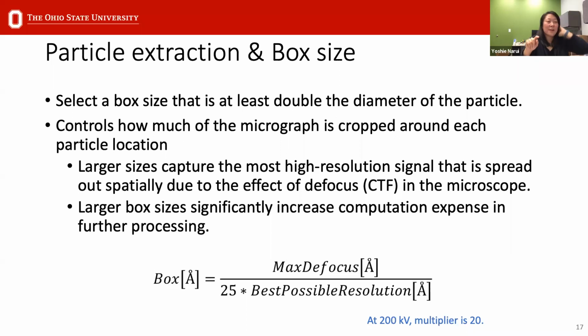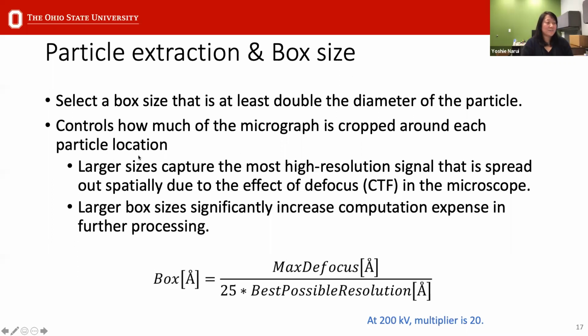A quick rule of thumb is that you want it to be double the diameter. But the bigger this area becomes, the more computationally expensive it is to extract the particles, and it will slow down your analysis. But you want enough information to get the most high resolution signal from your particle. So there's a careful balance.